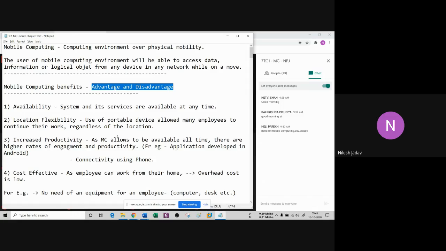If a person is from India but shifted to London for some work, he can still connect to the Indian people with the help of these portable devices. That's why we have location flexibility as an advantage. The third advantage is increased productivity, which says that mobile computing allows you to be available all the time.